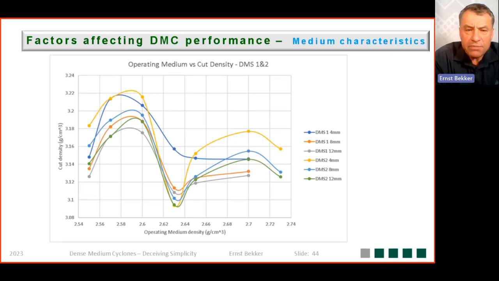So this is a very unexpected behavior that one can observe on a dense medium cyclone. And this is the area where instability is starting to come into the equation. So people that are not familiar with this type of behavior will try to reduce operating density further and further to reduce the cut density. And then the opposite starts to happen.